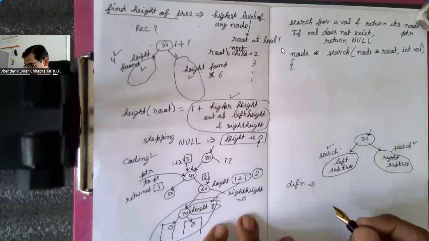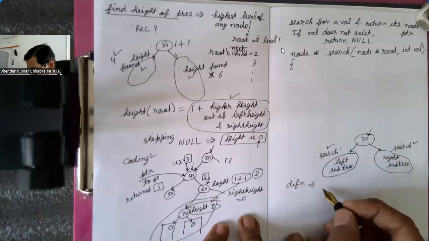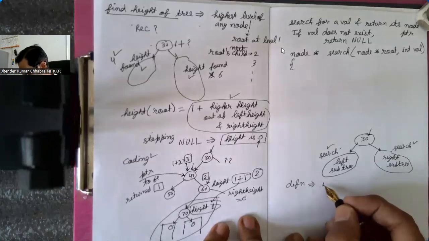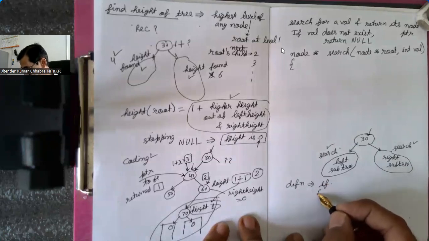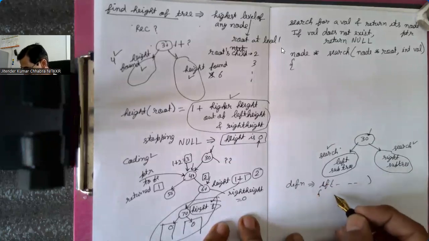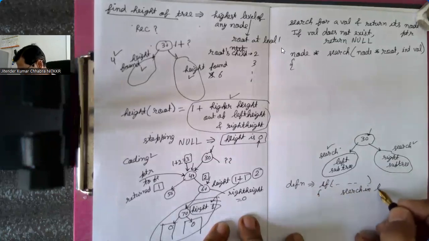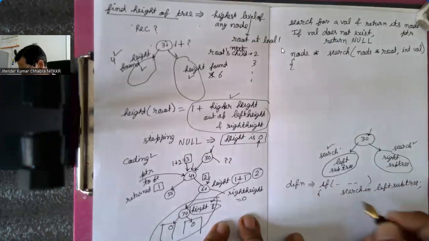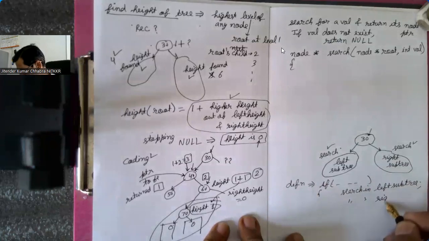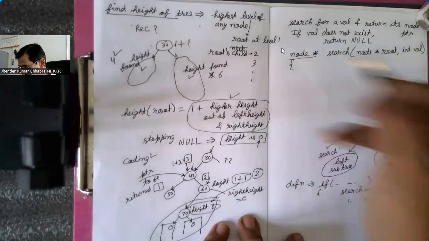So what will the definition mean? First of all, if root is not null, only then is recursion needed. If I have to go recursively, then what? I will think of some if: search into the left subtree, search in the right subtree. Obviously, if found, one of them will return not null because my node star is being returned.